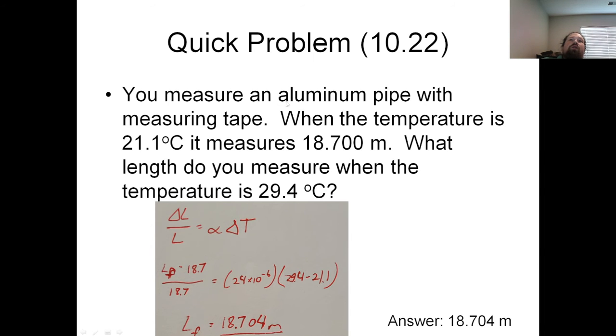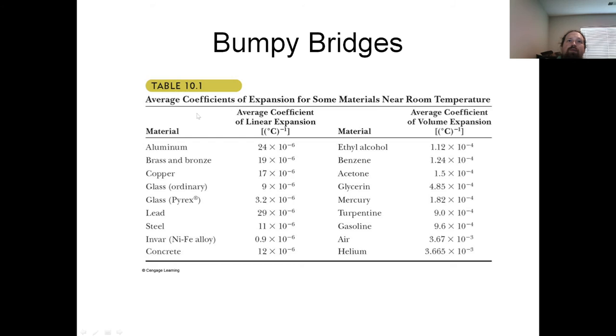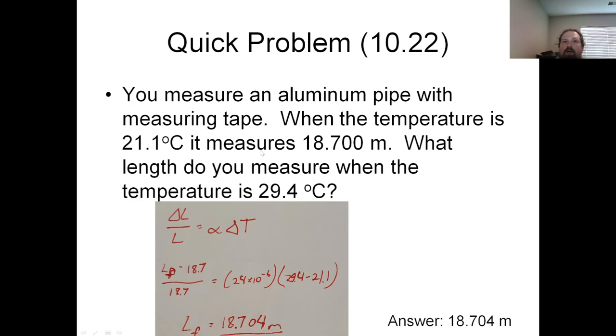Now, this question tells us the pipe is made out of aluminum. That's our invitation to go over to our table here. Look at aluminum, find the linear expansion coefficient for aluminum, and it's 24 times 10 to the negative 6. And so that would be the number that you plug in for alpha. You can freely consult that table at any time. Then for delta T, that's the change in temperature. Change again is always final minus initial.